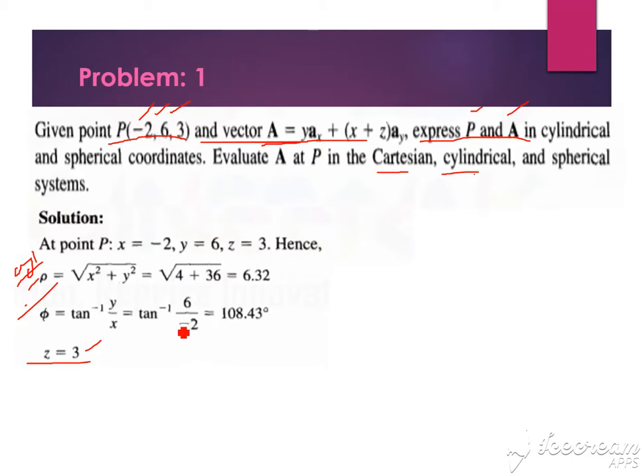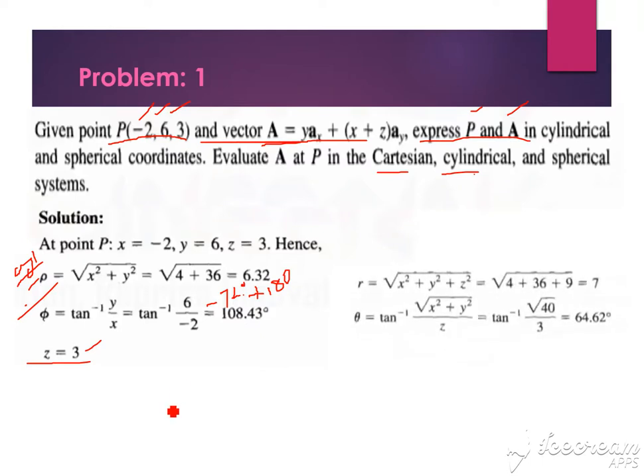While solving this we get minus 71 point something, so we need to convert that into a positive value by adding 180. Then we get 108.43 degrees.